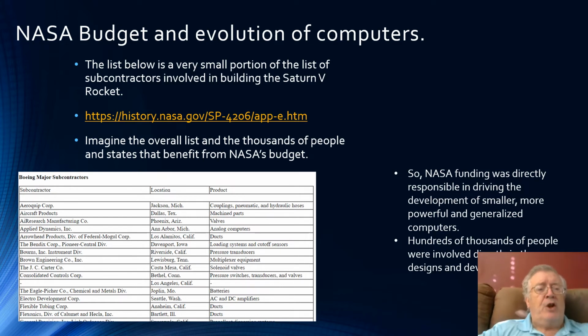This is not the lunar lander. This is only companies that helped build the Saturn V. And you can look it up at that address. Just imagine what this overall list is, and the thousands and thousands of people and the states that benefit from NASA's budget.